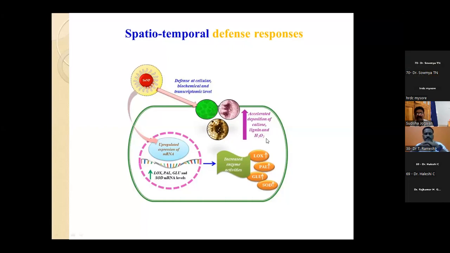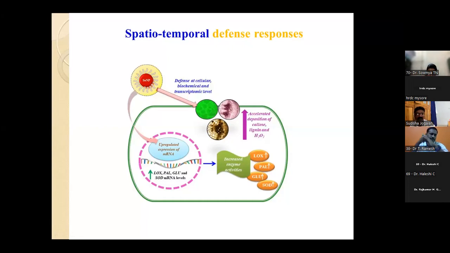We checked lignin, hydrogen peroxide, and also the enzymes. These are all scavenging enzymes that are present in almost all plants when plants undergo stress. We observed increased enzyme activity, and at the transcriptome level, the most significant unigenes have co-expression factors.